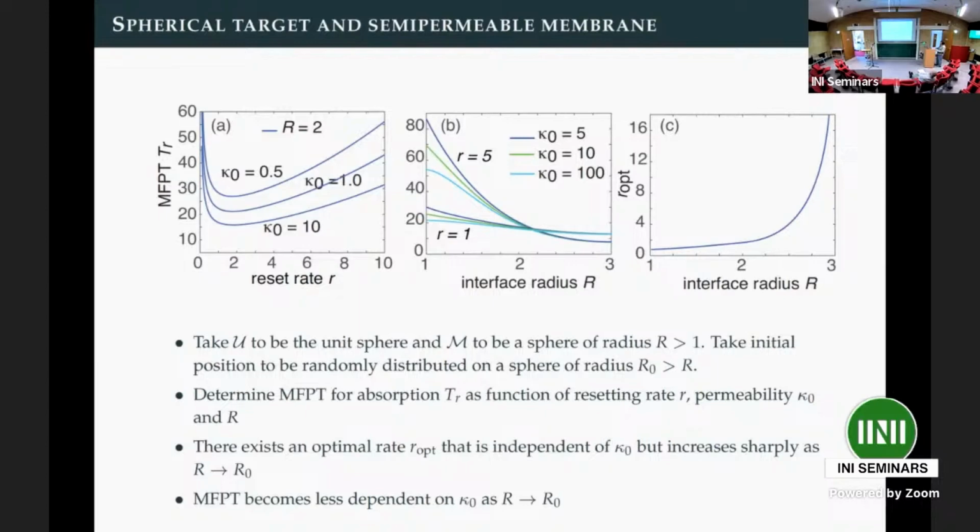And what I found was that if you're close to the target, you're very sensitive to the permeability of the interface, whereas as you move away from the target, so sorry, these different colored curves correspond to, for a given resetting, the variation of the mean first passage time. So the lower 3 curves are for r equals 1, the upper 3 curves are r equals 5. And what you notice is it becomes almost completely insensitive to the permeability when you're close to the starting position and far from the target.